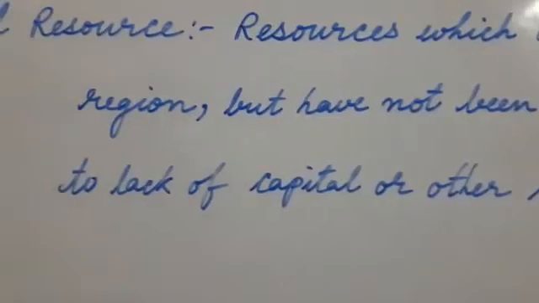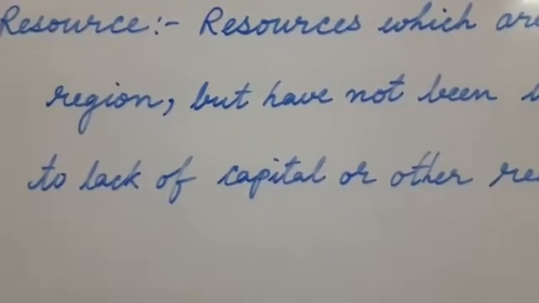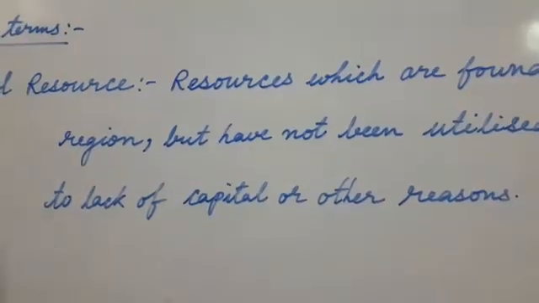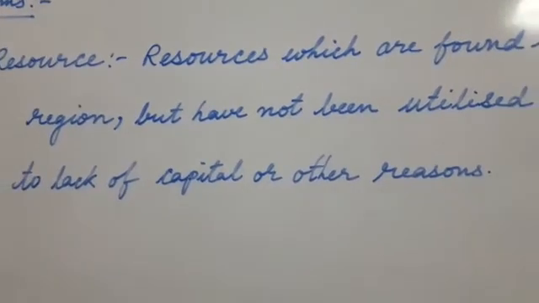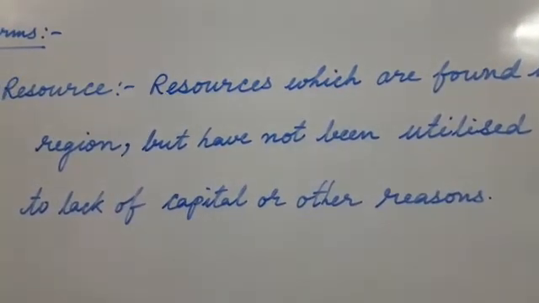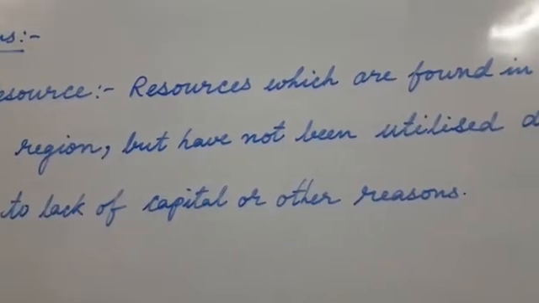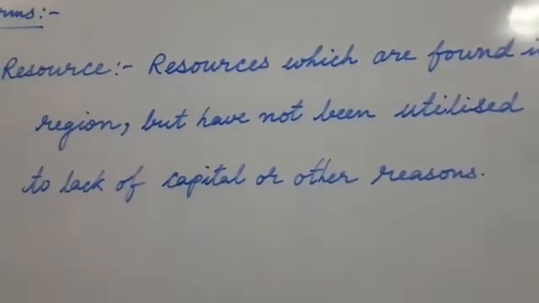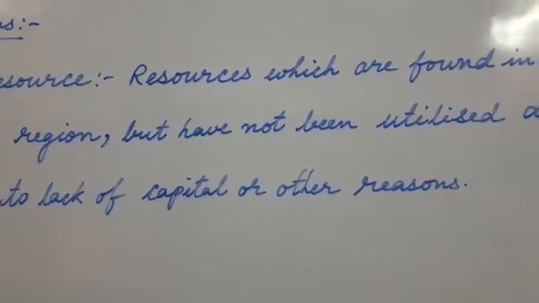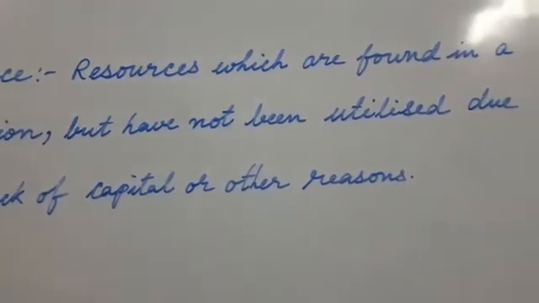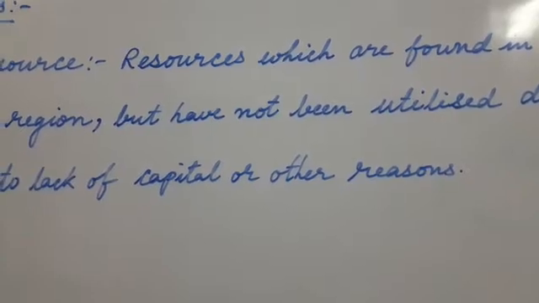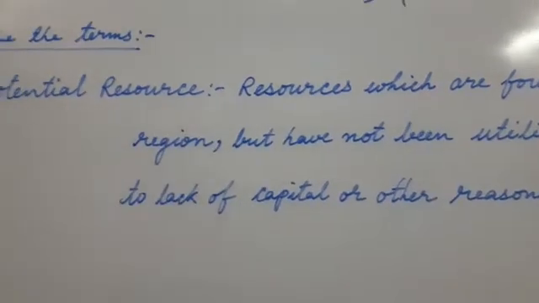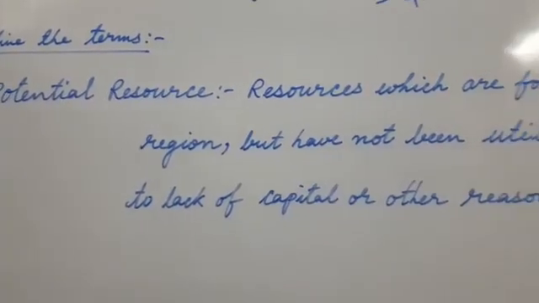Resources which are found in a region, comma, but have not been utilized due to lack of capital or other reasons. Resources which are found in a region, comma, but have not been utilized due to lack of capital or other reasons. So this is called potential resource.